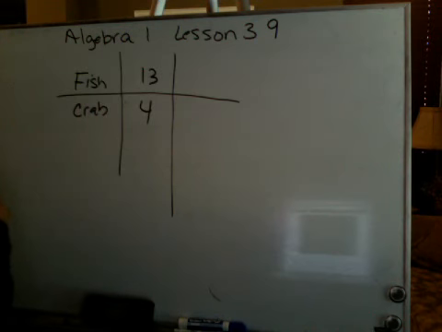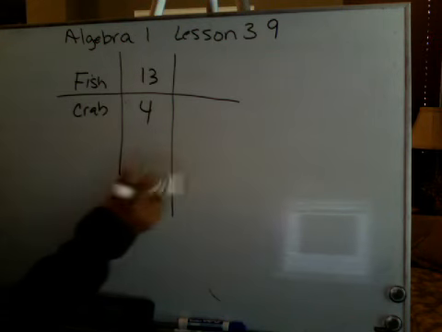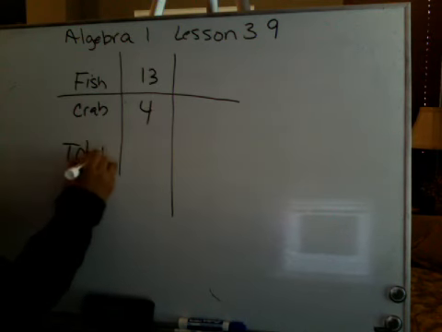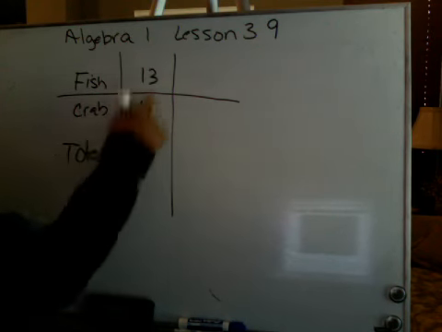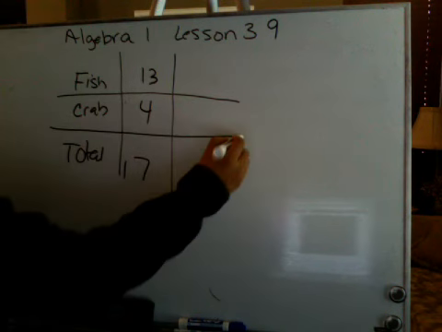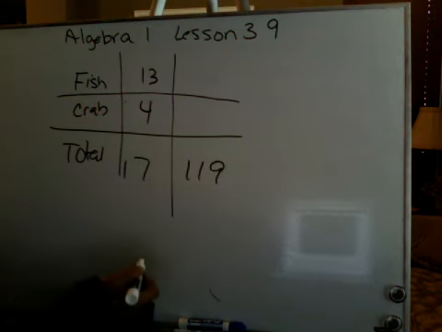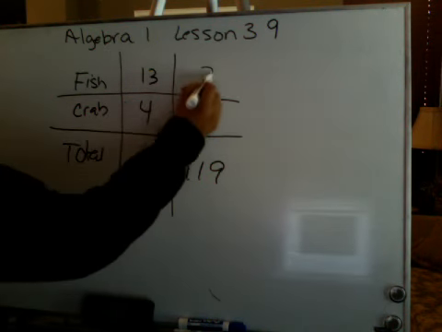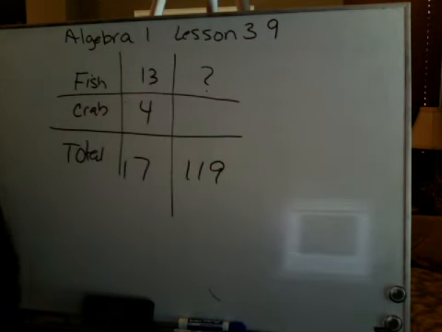It says there were 119 fish and crabs. So that means this plus this, so we need a total. We can do 13 plus 4, which is 17. So there's 119 fish and crab in the sea cave. How many were fish? This is what we want.